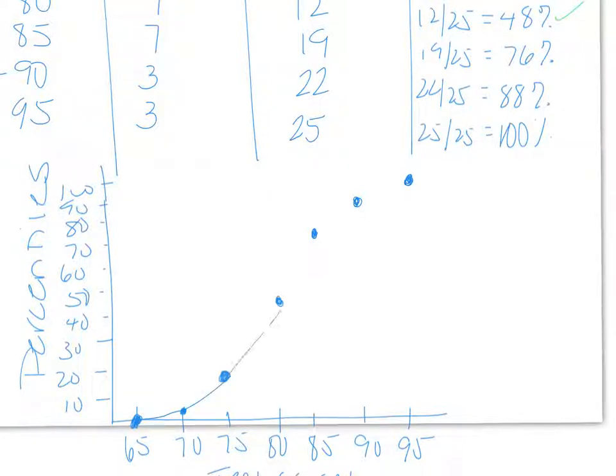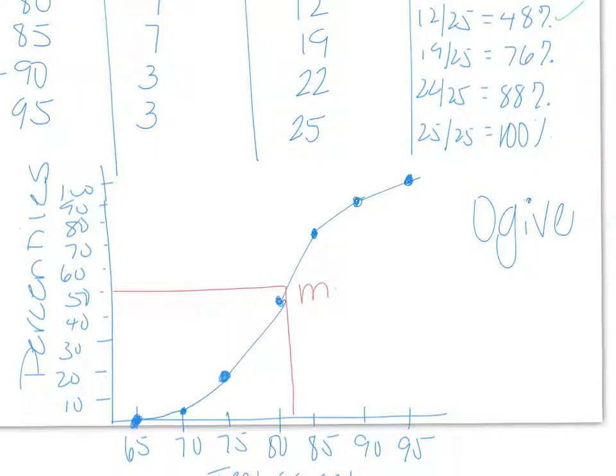Okay, and then when you connect these points, what you've constructed is your cumulative relative frequency graph, which is sometimes also called an ogive. Okay? And using the information in this graph, I can find the median. The median is the 50th percentile, so I could approximate the median with just the 50th percentile.